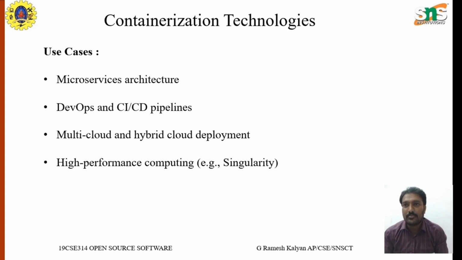And next are the use cases. These are the applications where containerization technology is most widely used. As I said before, this technology is used widely in all fields, but we have divided it into four main applications.